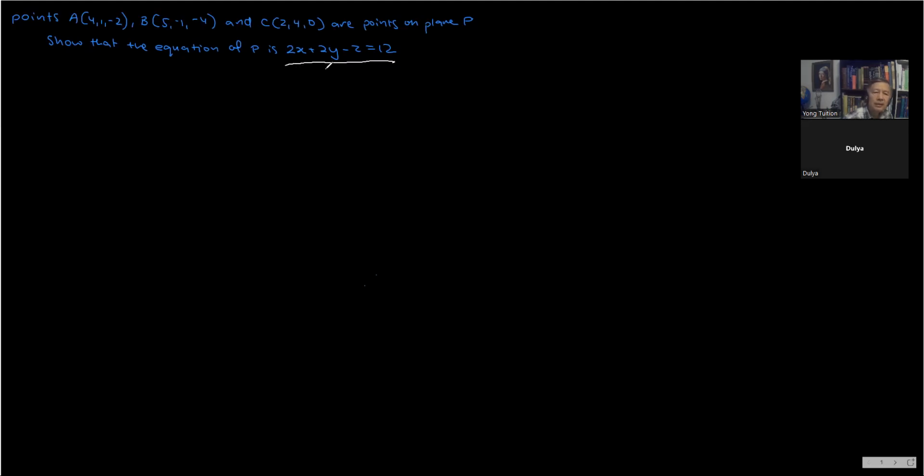You probably can start by drawing this diagram to give you some idea where these 3 points are. Can we just draw this roughly? Where are these X, Y, Z? What is X equal to 5? So one point is 4, 1, -2.